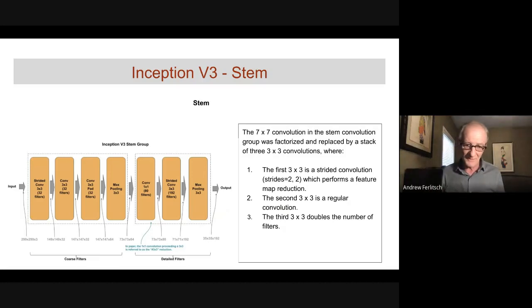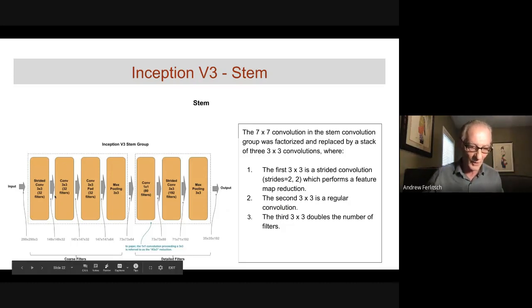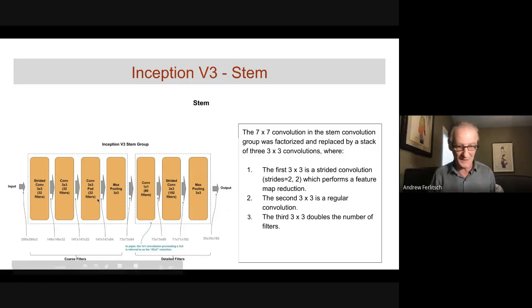The stem, they also made overly complex. You'll never see a stem this complex again. One of the things they did is they were still using in V1, V2 an extremely coarse filter, a 7x7, which nobody does anymore.